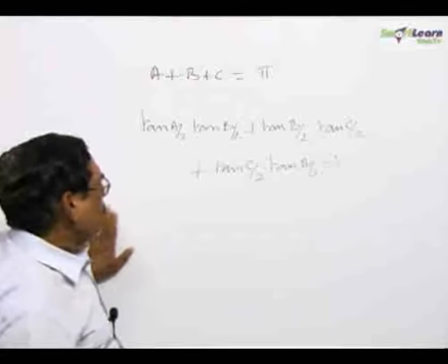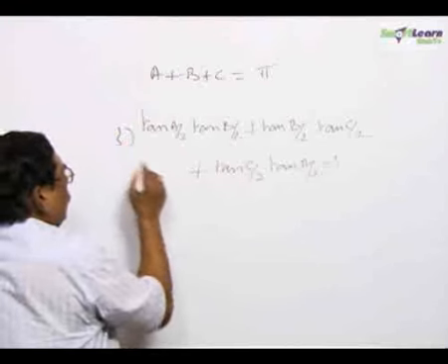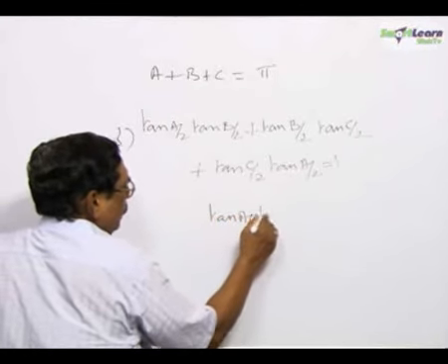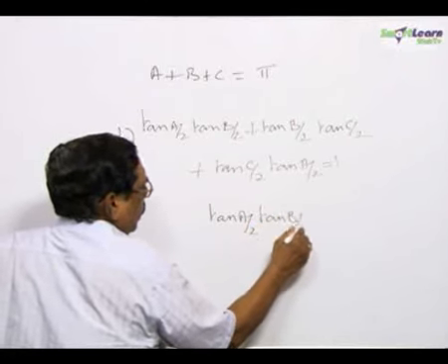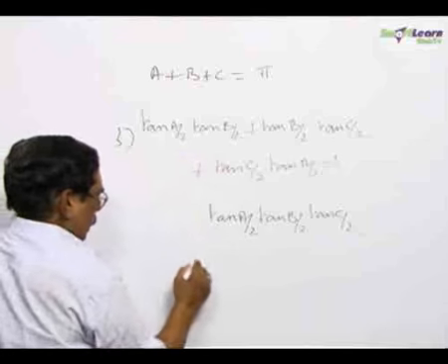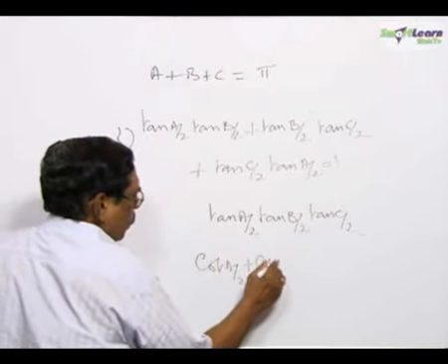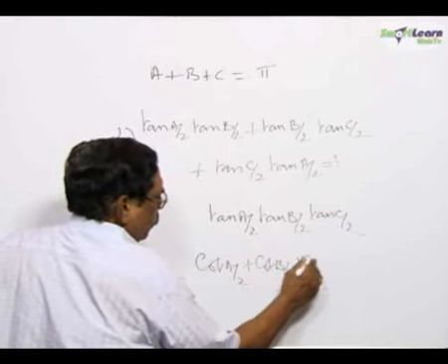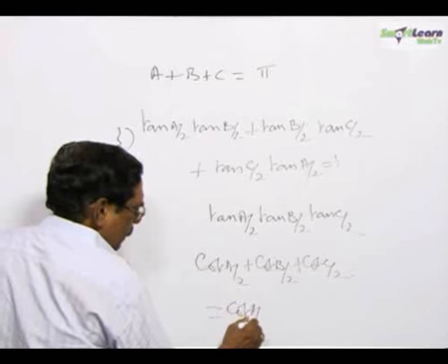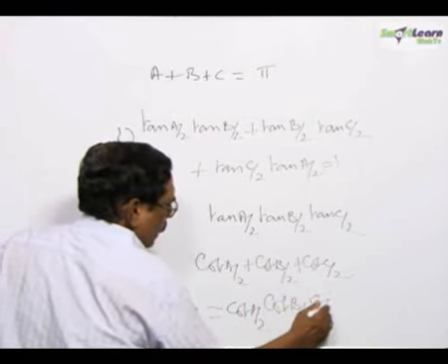Now, in the same manner, if I multiply the numerator and the denominator by tan A by 2, tan B by 2 and tan C by 2, then I will be having cot A by 2 plus cot B by 2 plus cot C by 2 equal to cot A by 2 into cot B by 2 into cot C by 2.